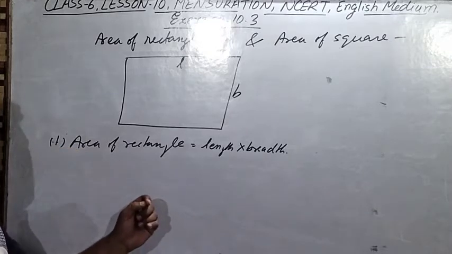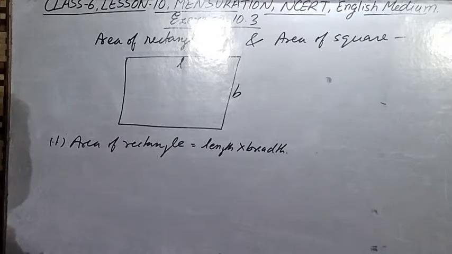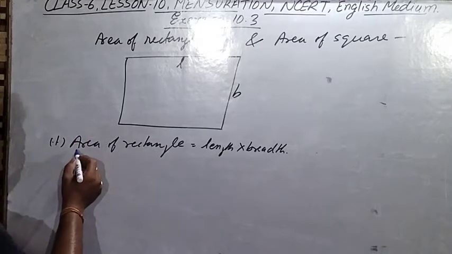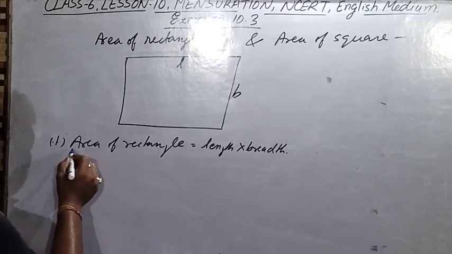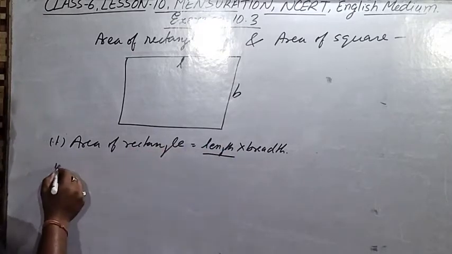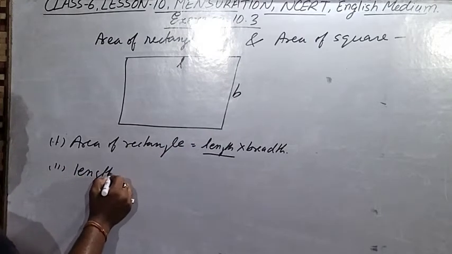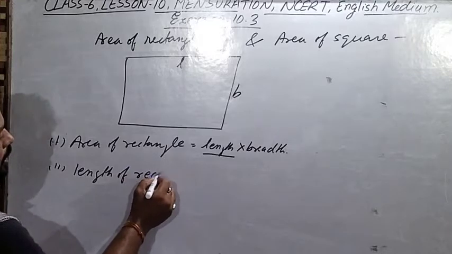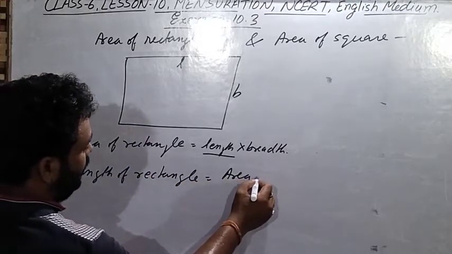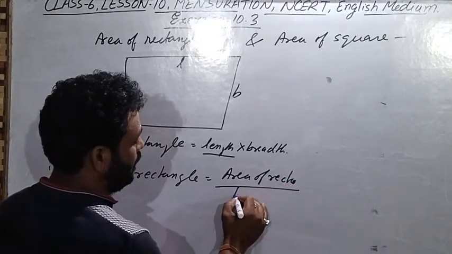Please learn it by heart, note down, pause my video and note down the formulas. Now the question is how to find length when area and breadth are given. For this, the second formula: length of rectangle is equal to area of rectangle divided by breadth.